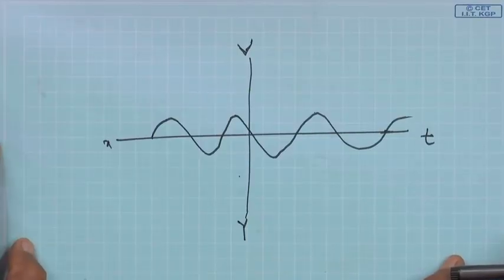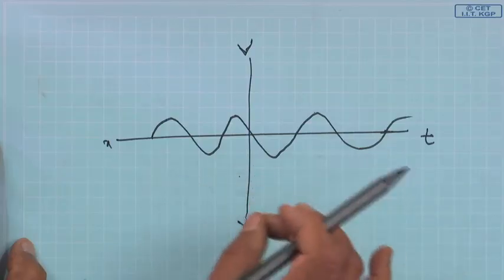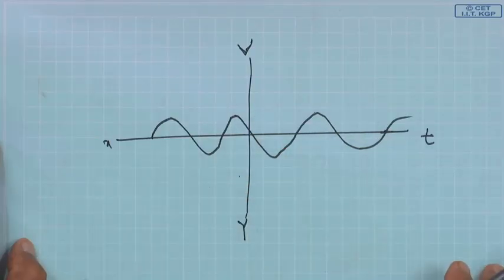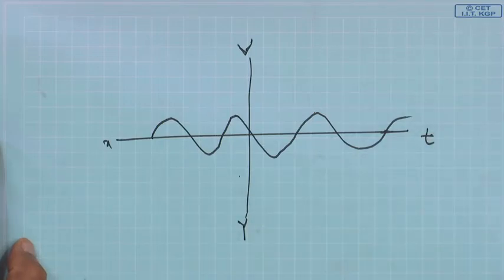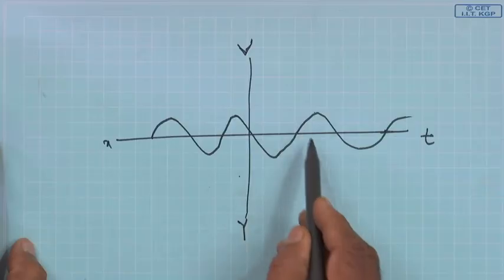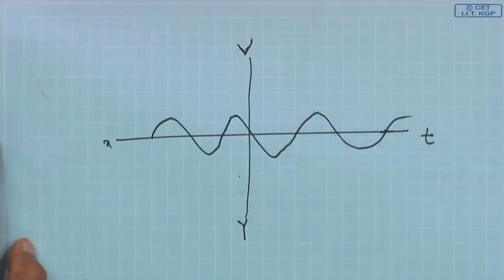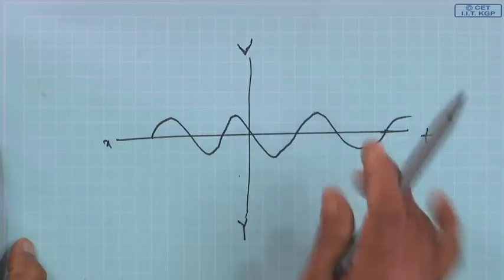So this is my signal. When I put this signal into the CRO through channel 1, then on the screen I will see exactly this type of picture, as if someone is plotting this variation on the CRO screen.